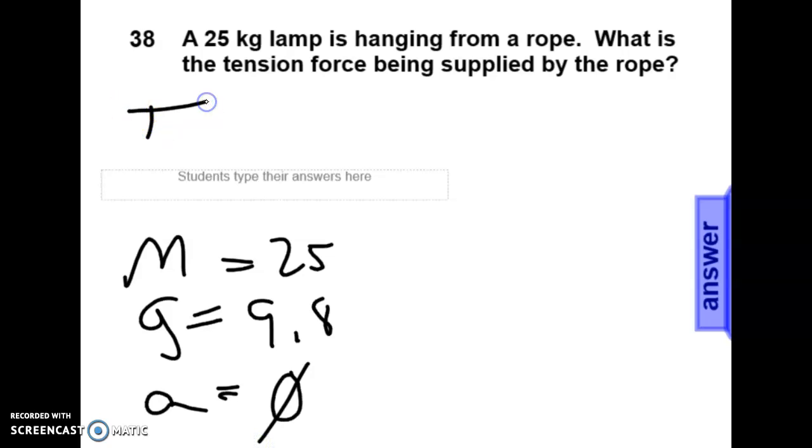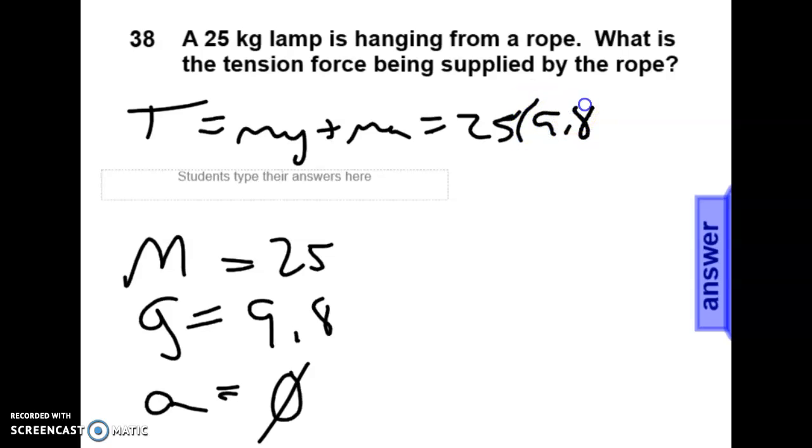To calculate, tension is equal to mg plus ma. That's 25 times 9.8 plus 25 times 0. 25 times 0 is 0. 25 times 9.8, if I do that math, I get approximately 24.5.